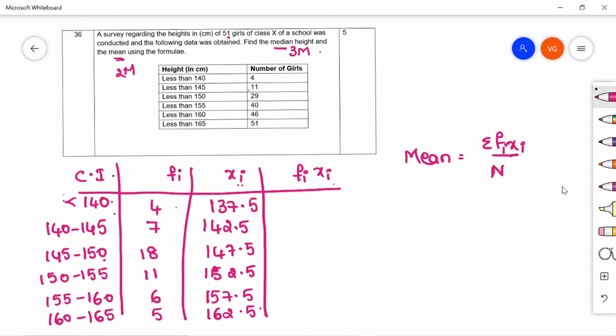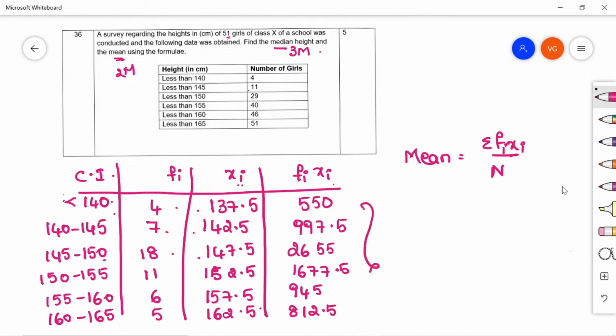Fi xi, just try to multiply these two. You will get 550, then 997.5, 2655, then 1677.5, 945 and 812.5.